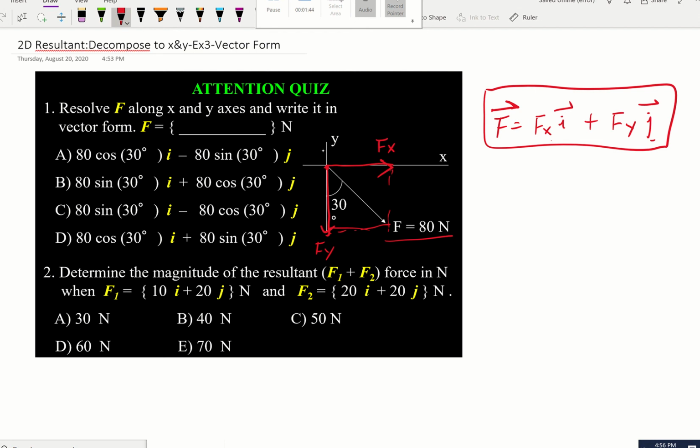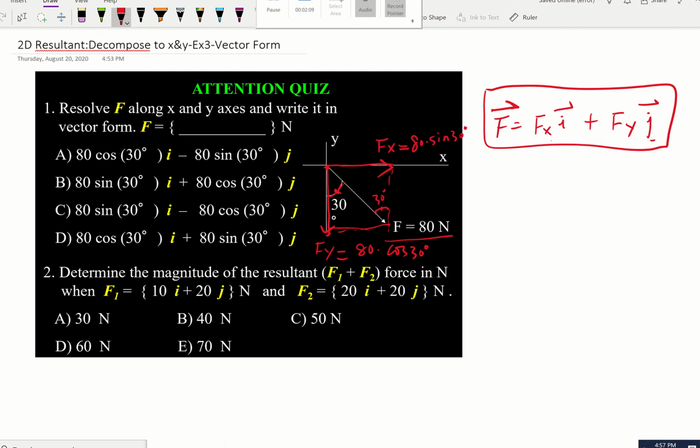So for Fx, if that angle is 30, with respect to this 30 degree, this is opposite, so that's going to be sine. So it's 80 times sine 30 degree. And this Fy, with respect to this 30 degree, is adjacent, so it would be 80 times cosine 30.